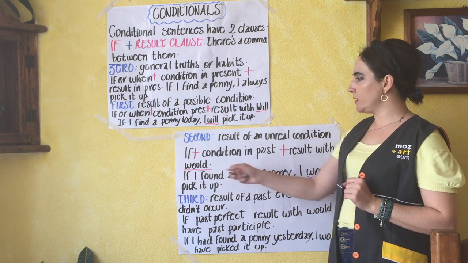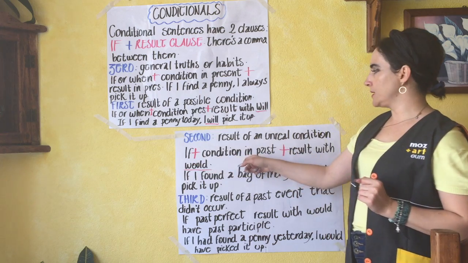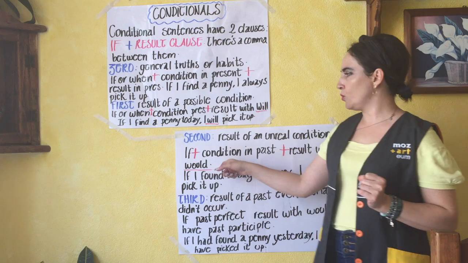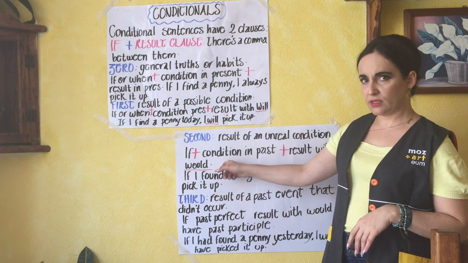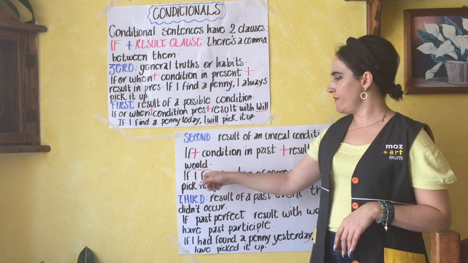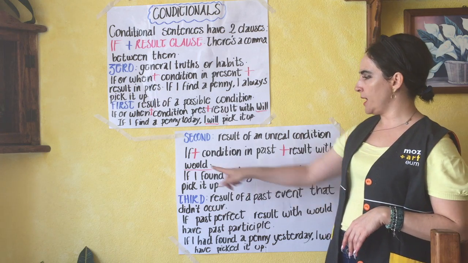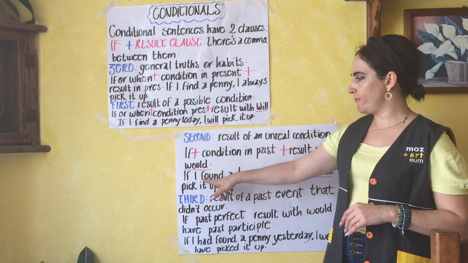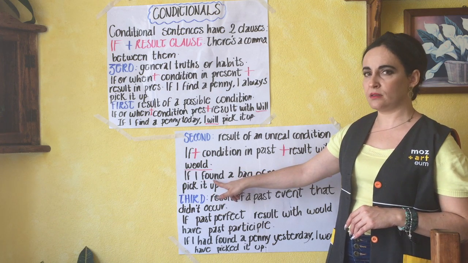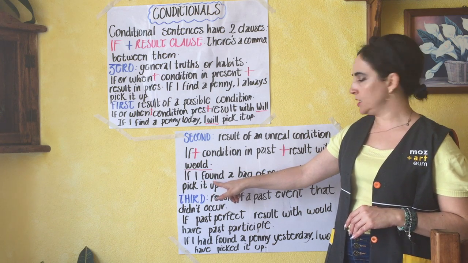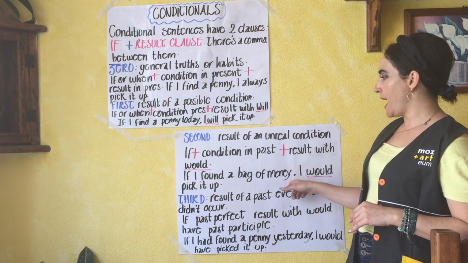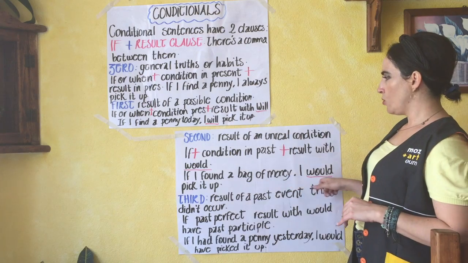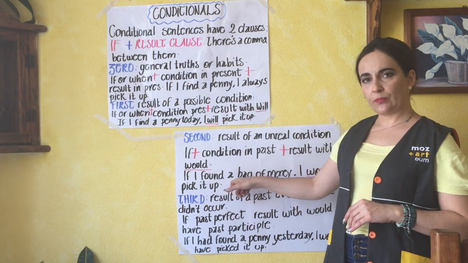And it's formed with if plus a condition in past tense plus a result with would. And here's an example. If I found a bag of money, I have if here, then a condition in past. Found is the past tense of the verb find, and then comma, I have a result with would. I would pick it up.